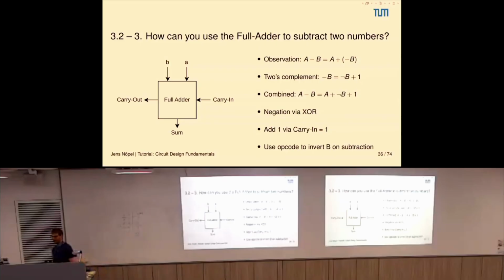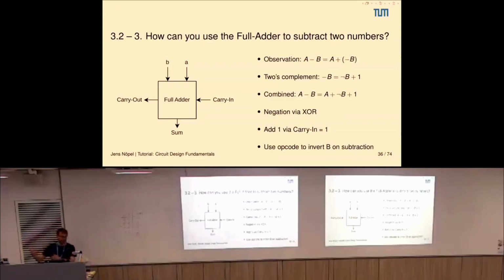So if we have a full adder that we use, then a full adder always has a carry in. And remember the carry chain, the full adder chains we have, and the full adder for the LSB also has a carry-in signal, but most of the time this carry-in is 0 because you don't have a carry-in for normal addition for the LSB, right?